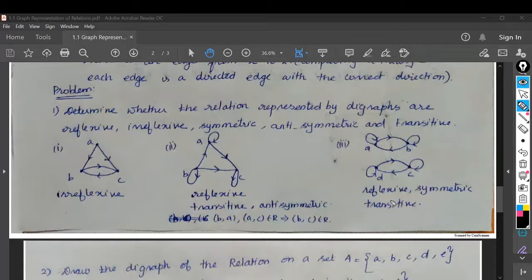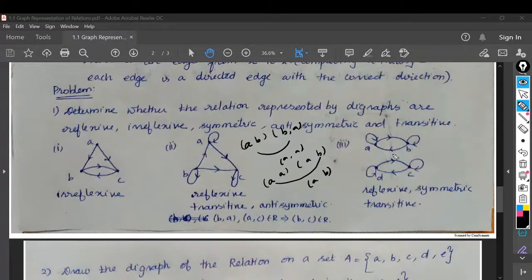Now come to transitivity. You are going from A to B and B to A. These two are there, which implies A comma A is an element. Then A to B again, you have A to A to B, so this edge AB is again an element.